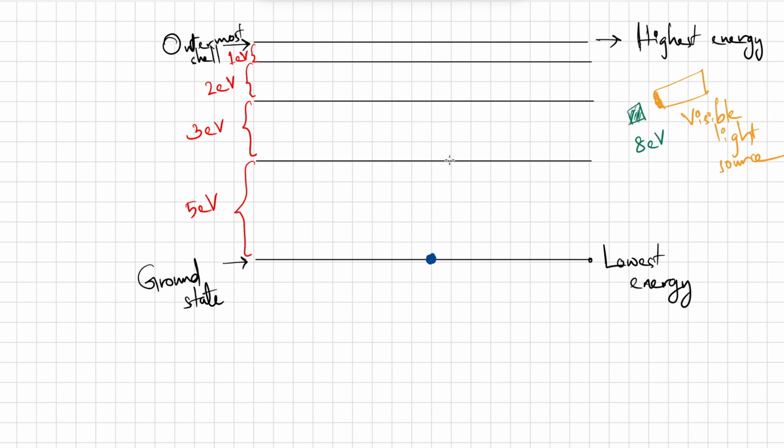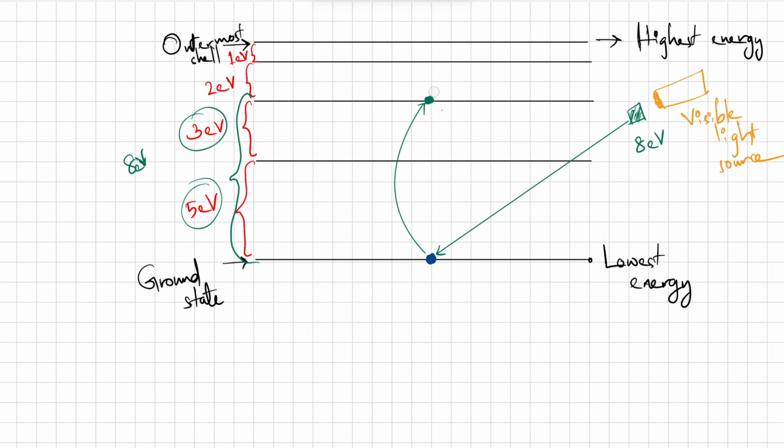It would interact with the electron and transfer the energy to the electron. The electron absorbs the photon. Then it would jump to the energy level with an energy value of 8 electron volt. So it would jump to the second energy level. Because this is 5, this is 3, so the total is what? 8 electron volt, right? So this electron would jump to the second energy level. Our electron is here now.